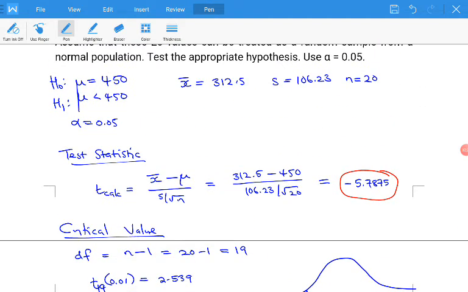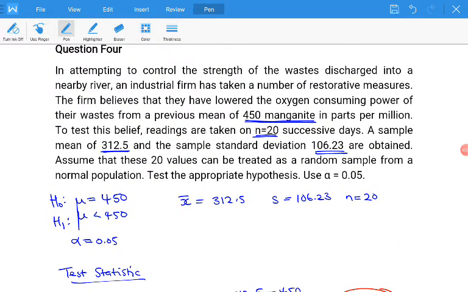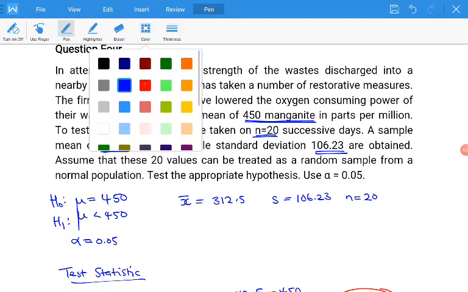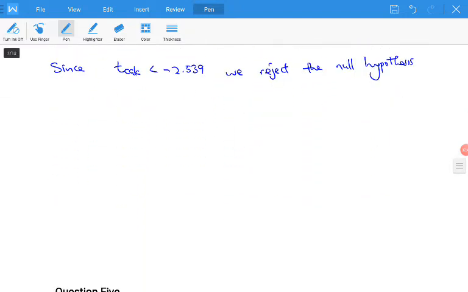So we therefore conclude that the restorative measures that have been taken by the industrial firm have lowered the levels of manganite parts per million, because we have rejected the null hypothesis.